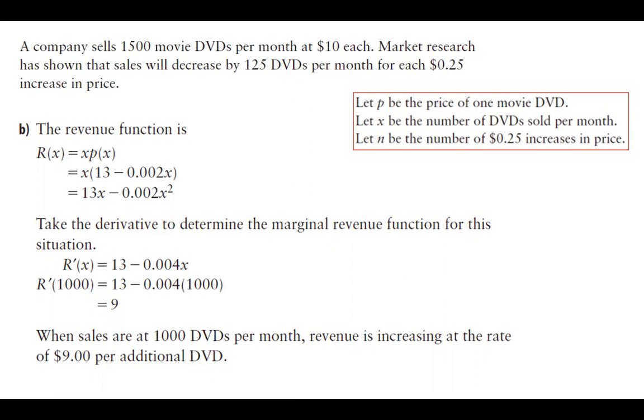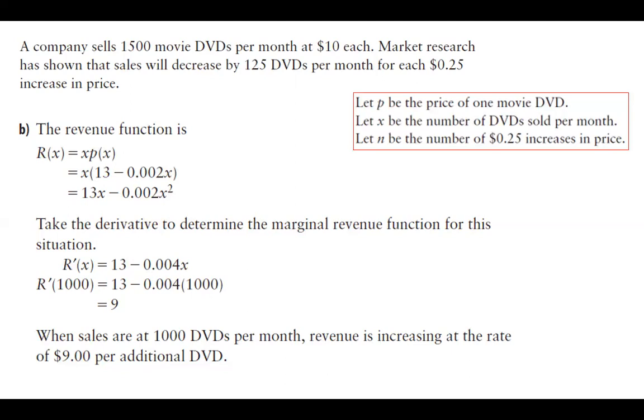And note here, we want to find the marginal revenue when X equals 1,000, right? So put 1,000 into that equation. We find R'(1,000) equals 13 minus 0.004 times 1,000, which gives us 9.